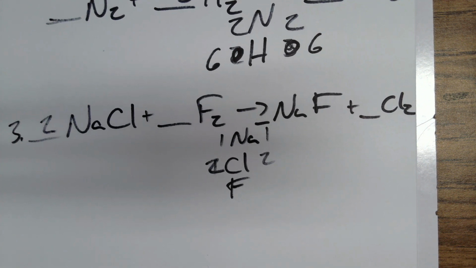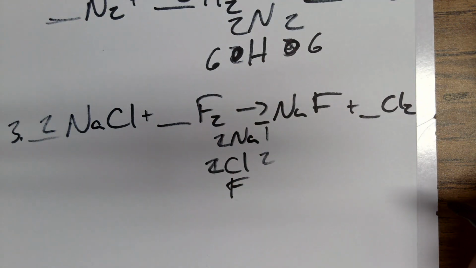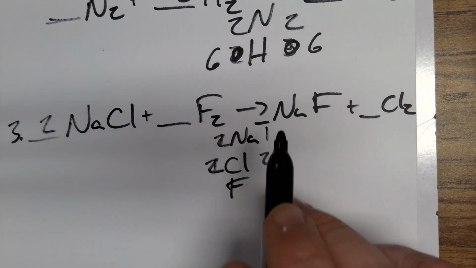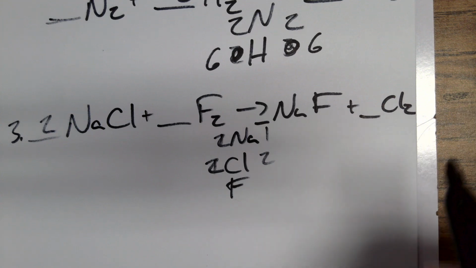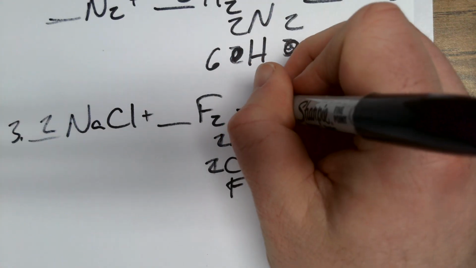But here's the thing. Now I have 2 sodium and 1 sodium over here. Then I have to go back. What can I add to my product side so it matches my reactant side? 2.